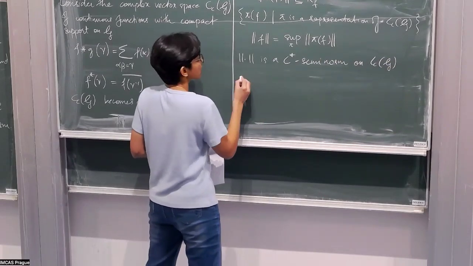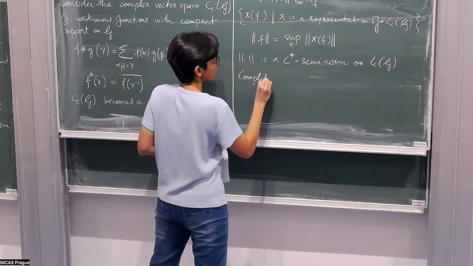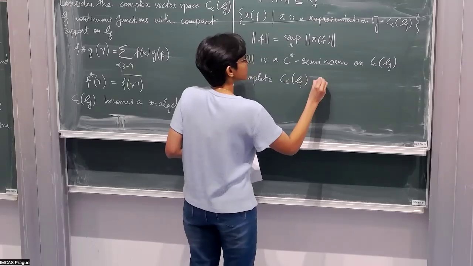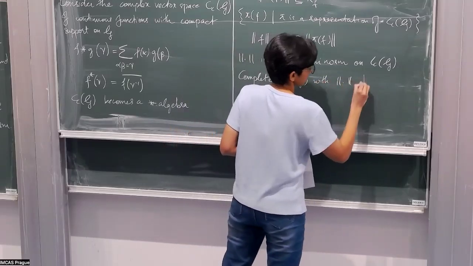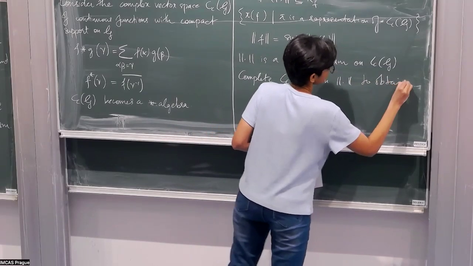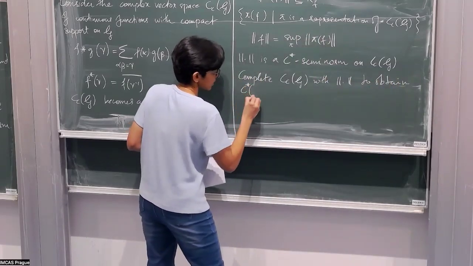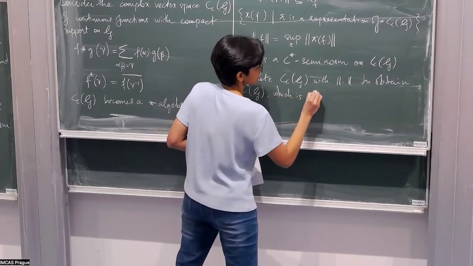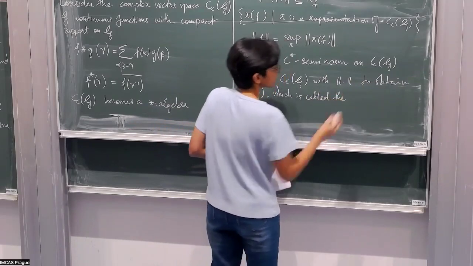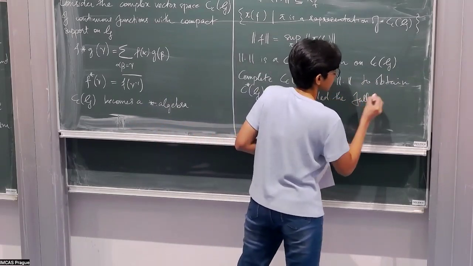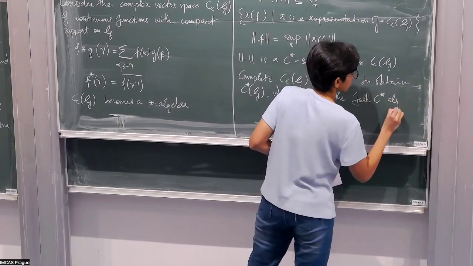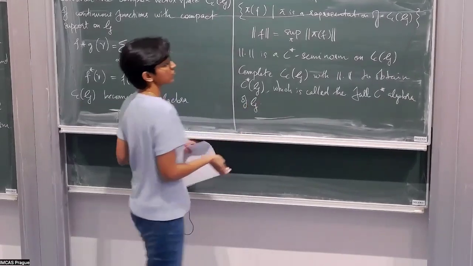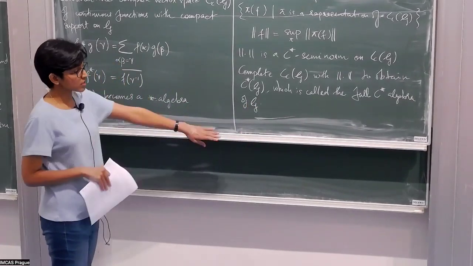So we just complete our star algebra with this norm to obtain the C-star algebra C*(G), which is called the full C-star algebra of the groupoid G.